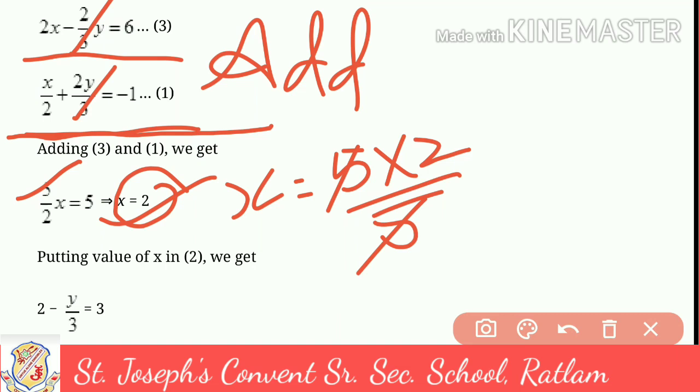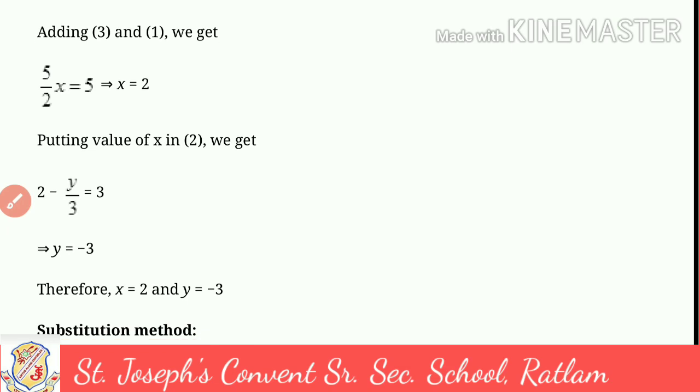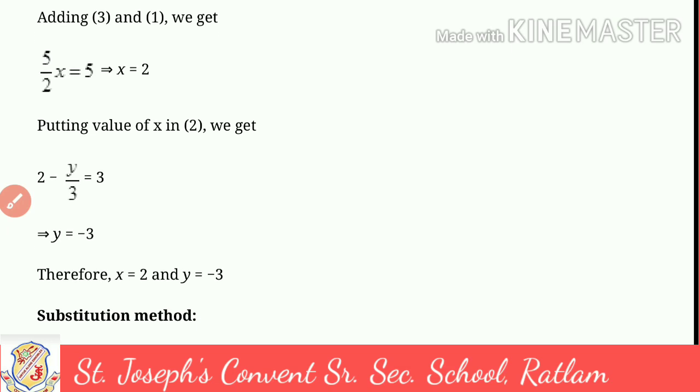So I am going to replace this value of x in equation number 2. Replacing in equation 2, what will you get? 2 minus y upon 3 is equal to 3. So what will the y value be?